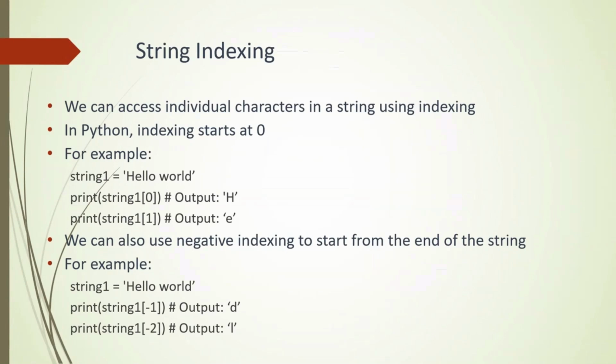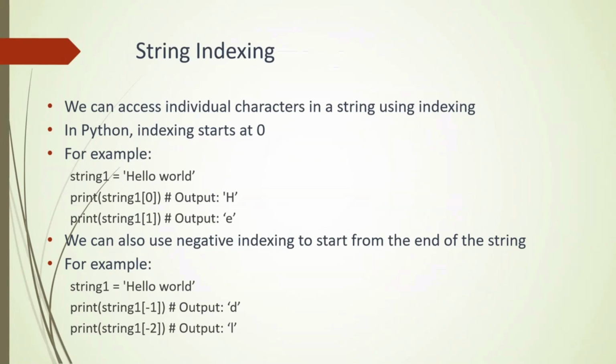For example, if you define a string 1 and assign it the string hello world, then if we decide to print the first character, we say print, bracket, string 1, then you use the square bracket 0, and then you close the square bracket and then close the print brackets. The output will be h, which is the first character. If you want to print the second character, then you have to use 1 in the square bracket, which will give you the character e.